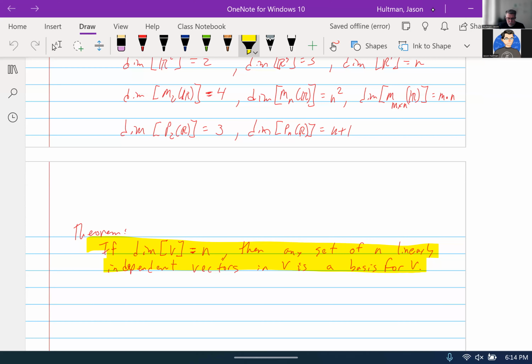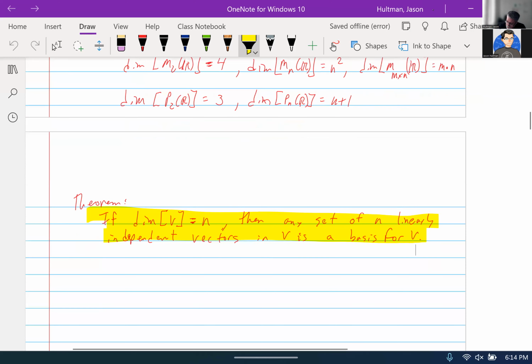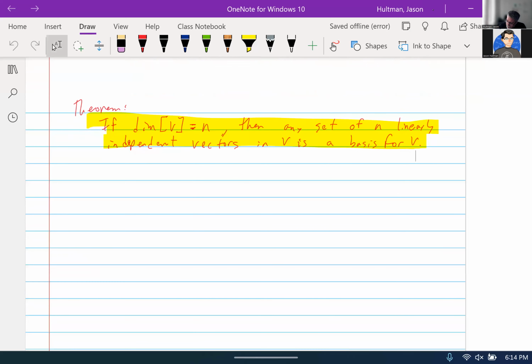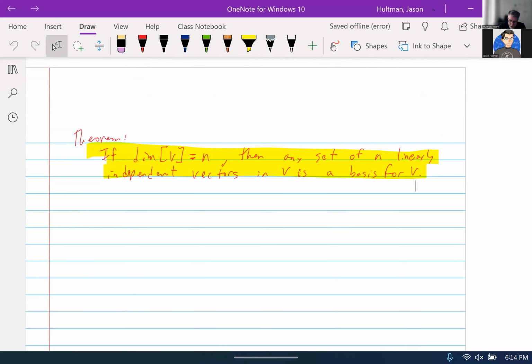So we're building a bunch of tools in our tool belt to help us find if things are a basis for a vector space. Okay, if any linearly independent vectors are a basis, choose any three vectors, as long as they're not linearly dependent on each other.